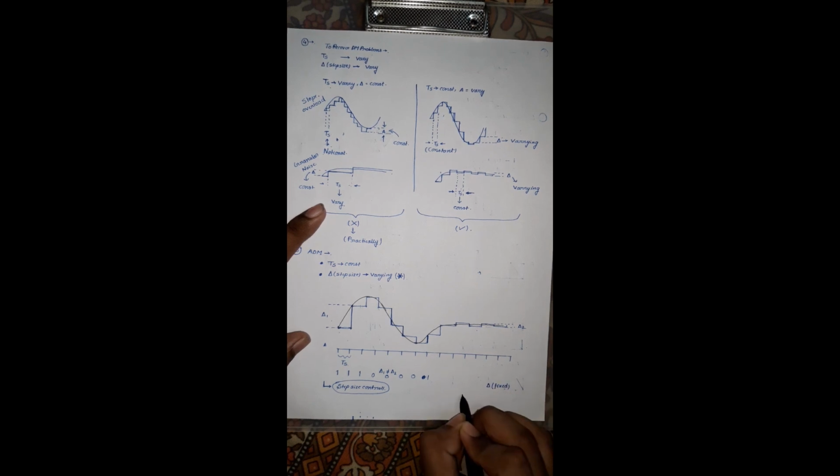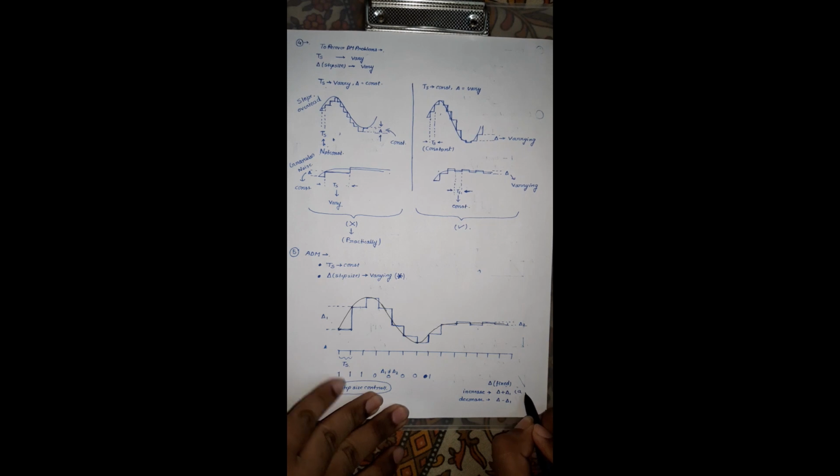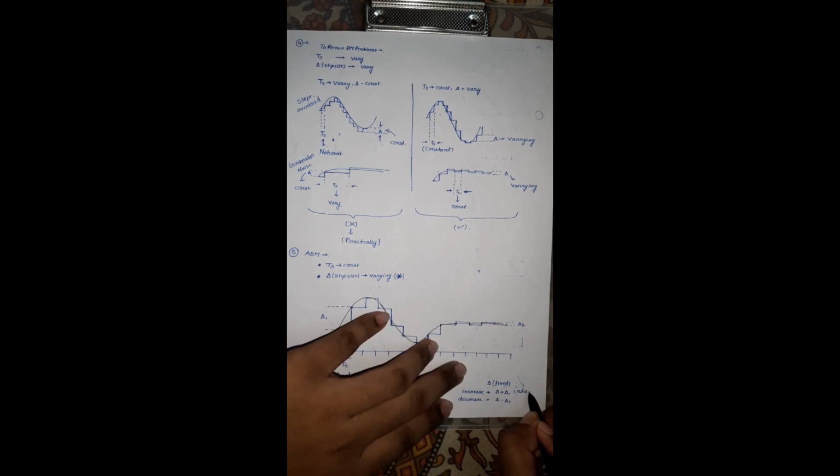Whenever we need to increase the step size, it just adds a value to delta. Whenever we need to decrease the step size, it subtracts a particular step from delta. So sometimes it adds a step and sometimes it subtracts a step.